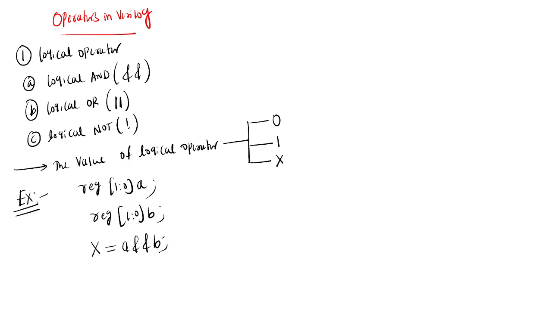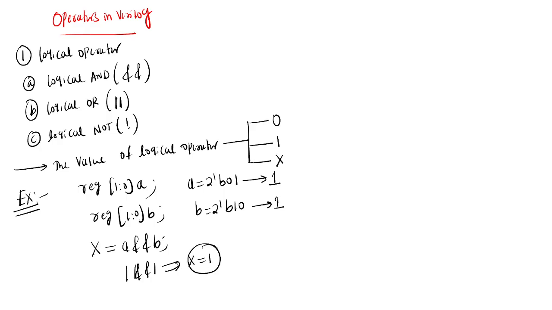Let us take a equal to 2'b01 and b equal to 2'b10. If it is a non-zero value, it will take the total value as 1. So that is 1 logical AND of 1. The result is x equal to 1.